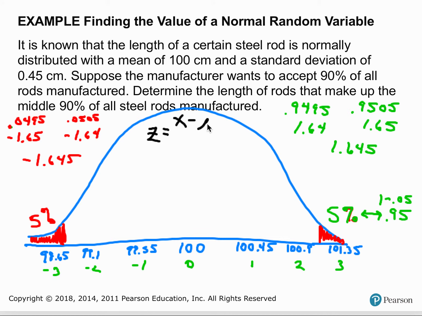It's x minus mu over sigma. So if I know my z-score is negative 1.645, and my mean is 100 and my standard deviation is 0.45, then I can solve for x.